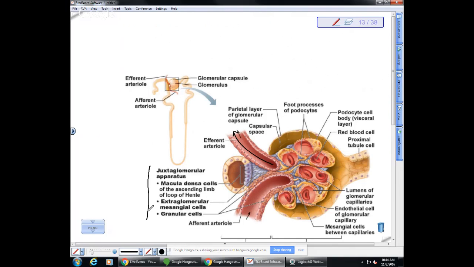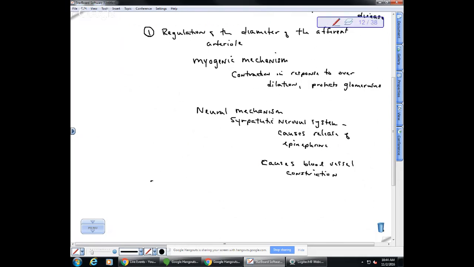The juxtaglomerular apparatus has specific cells that are able to detect stimuli.